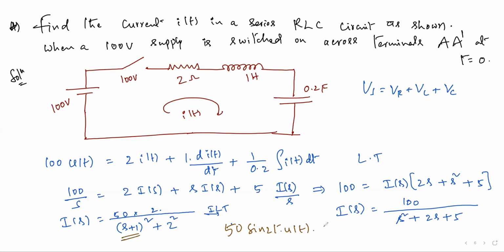That means multiplied with exponential e to the power of minus t, since frequency domain shifting means the opposite sign. So this is the given signal in time domain i of t. Like that, you can proceed for the electrical circuit sequence.